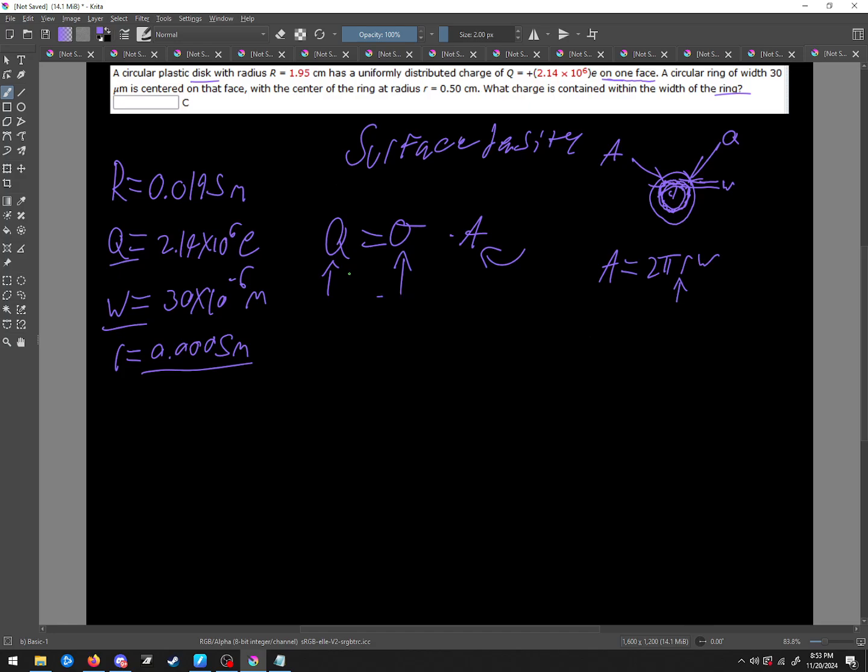So knowing Q, this is what we're given, big R. We're going to know that it's going to be Q over the area, pi big R squared.